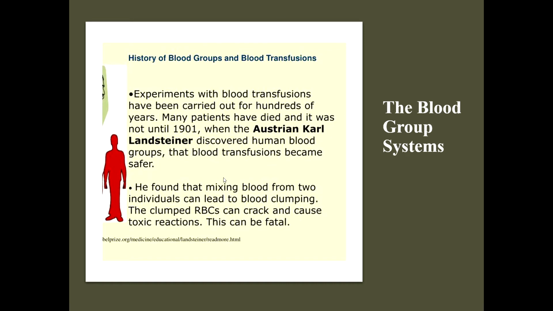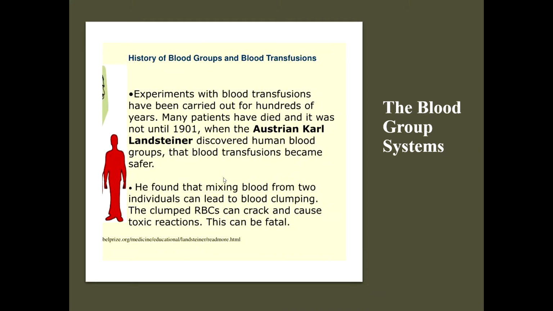And just a little history of blood groups and blood transfusions. In the early days, in the 1800s and even before, when people were bleeding to death, somebody came up with an idea: hey, how about if I give you some of my blood, see if that'll work? And sometimes it worked and sometimes it didn't.